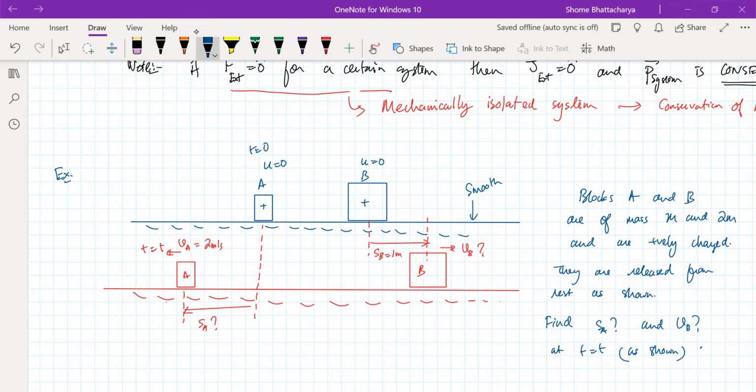So that means as a system, A plus B's momentum should remain conserved. Even though individually A and B are going to be moving with accelerated motion, the system's center of mass should have a situation where the momentum of the system is conserved. So using that as a hint, try to solve this problem now, and you'll understand what we mean by isolated system and application of conservation of linear momentum.